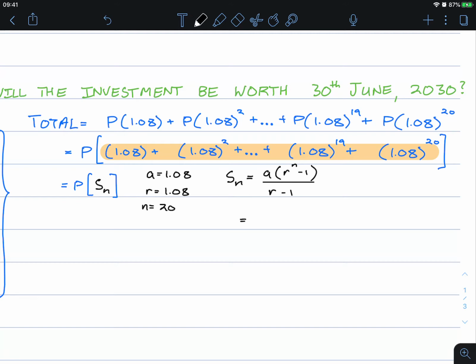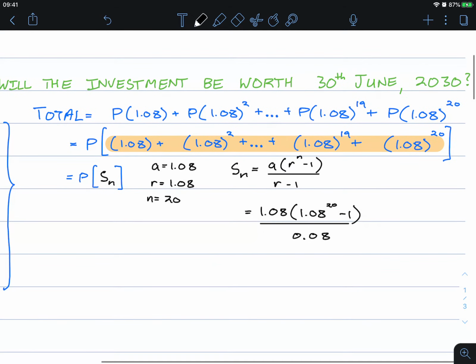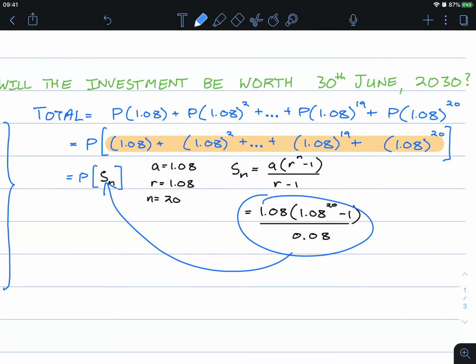Using these values here, 1.08 times 1.08 to the power of 20 minus 1, all over 0.08. Substituting this back into here, or you can actually do that all in one go.